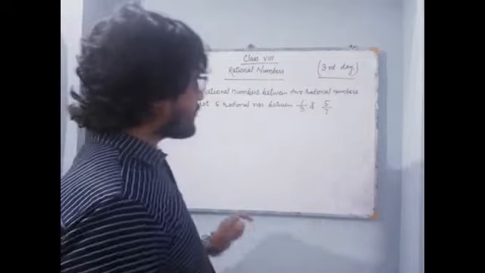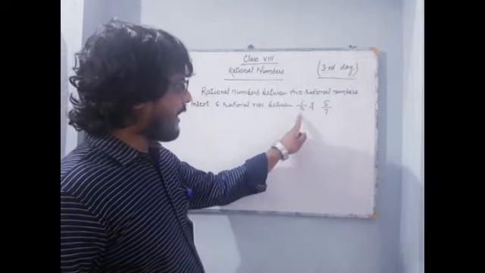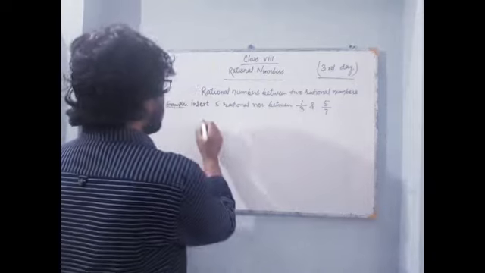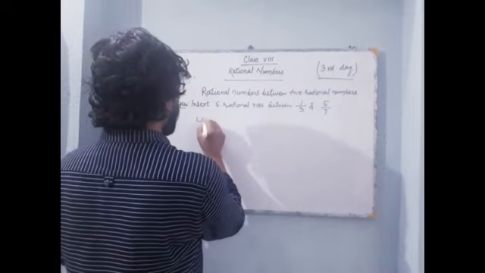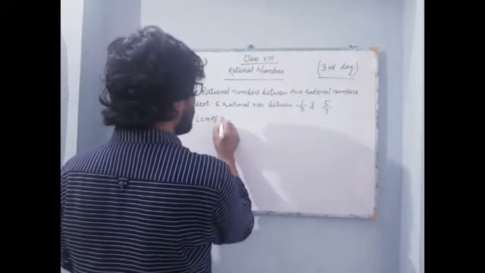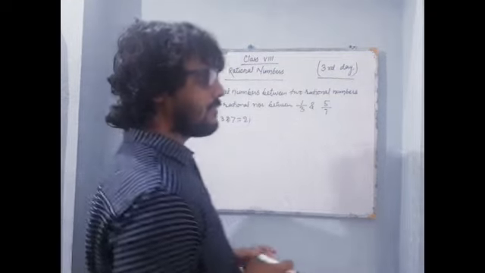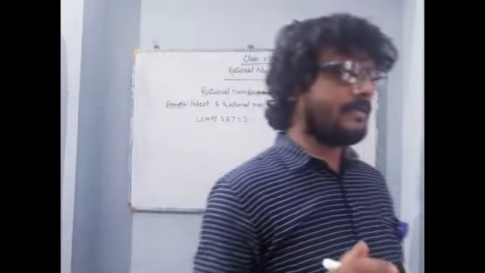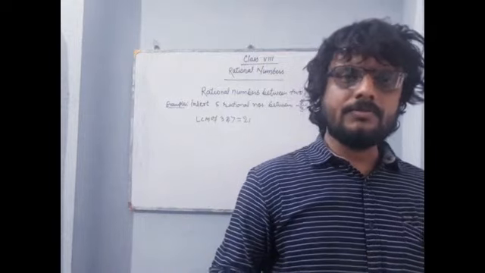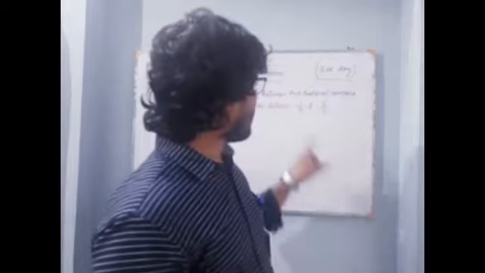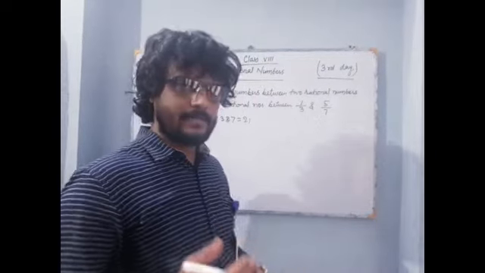Okay, at first we have to make like fractions of these rational numbers. LCM of 3 and 7 is equal to 21. Because in the previous classes, that is 5, 6 and 7, you have already studied how to make like fractions of unlike fractions. Got it?